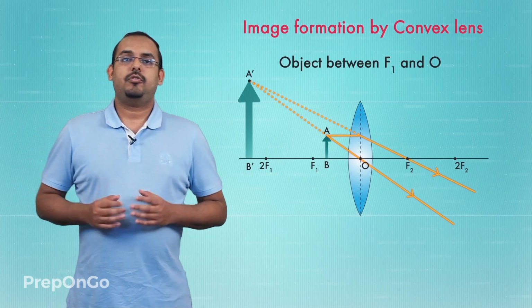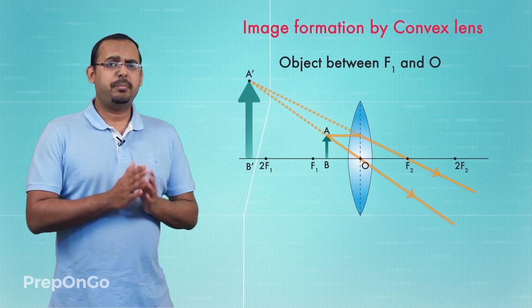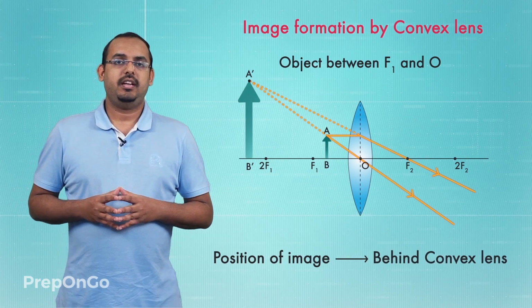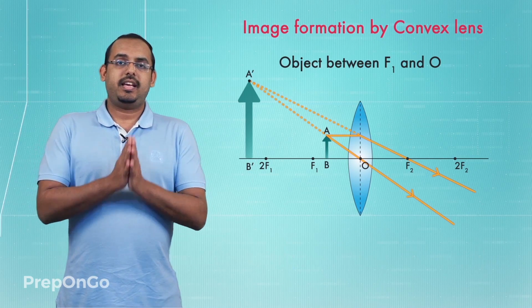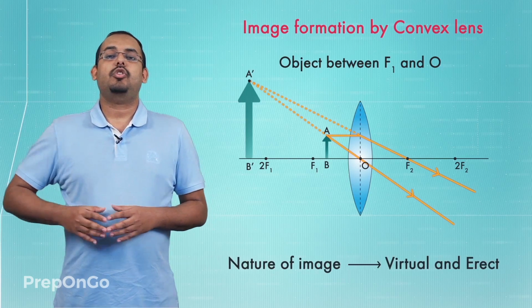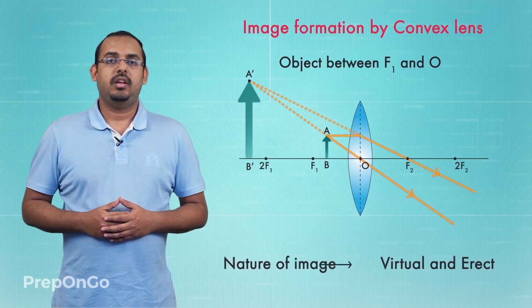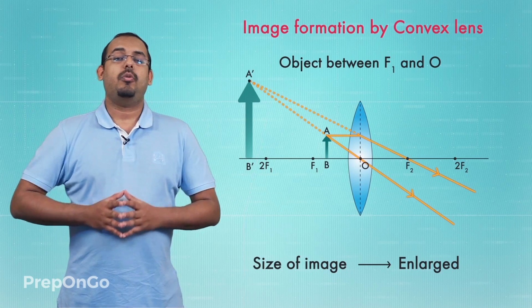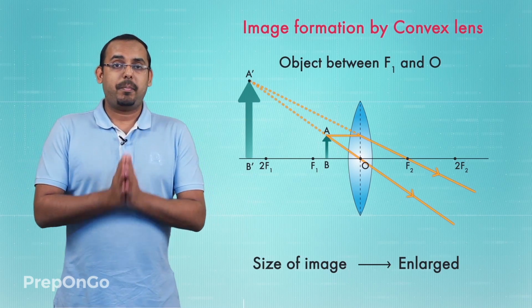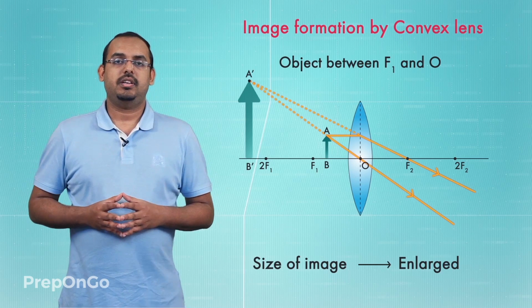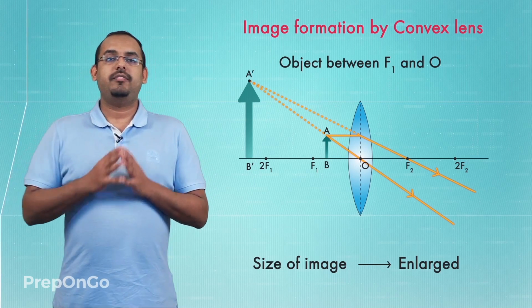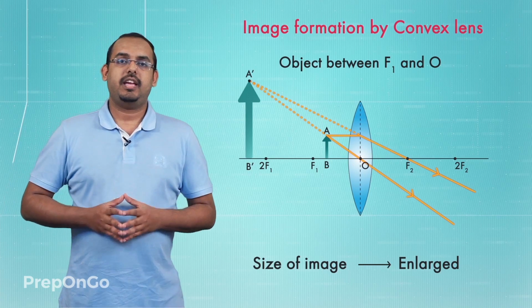Now in this case of image formation, the position of the image is behind the convex lens, and we can see that a virtual and erect image of the object has been formed. We can also see that the image formed is enlarged when compared to the size of the original object; it is higher in size than the actual object.